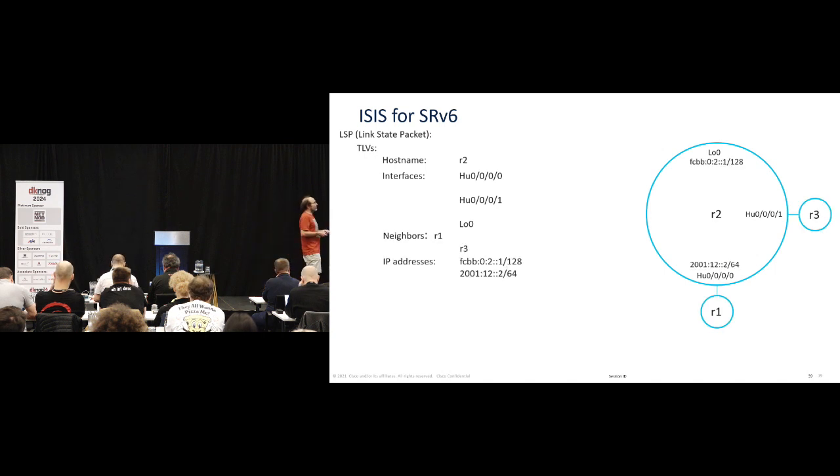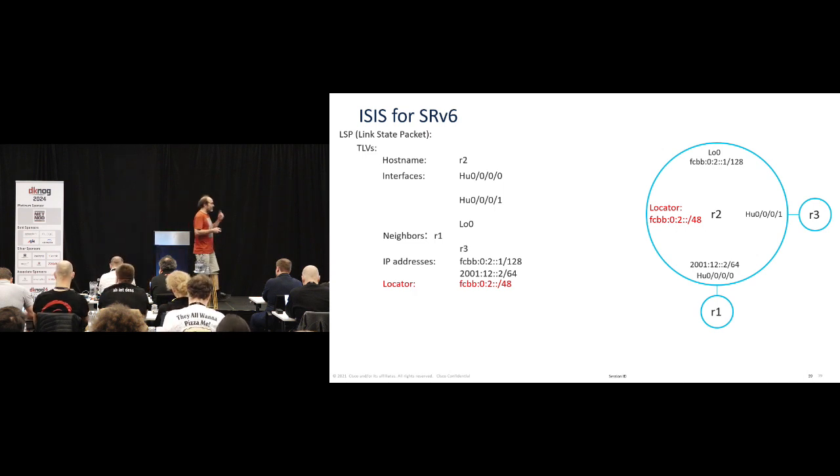ISIS uses LSPs, link state packets, and there is a bunch of information just to allow building the topology. And here, what we are adding for SRv6 is the locator. Obviously, the locator has to be advertised. Under the locator, we are advertising End functions or UN functions, with the structure, always with the structure.